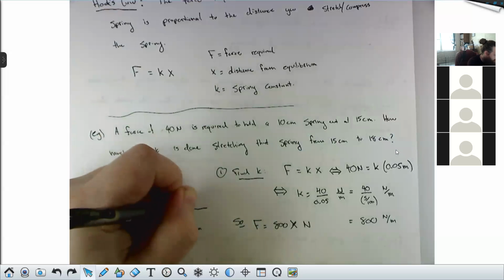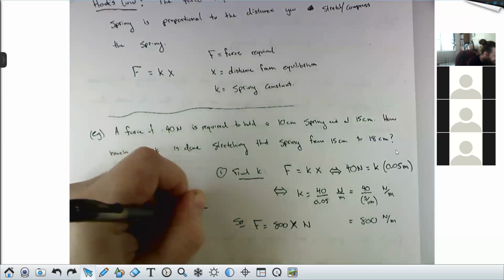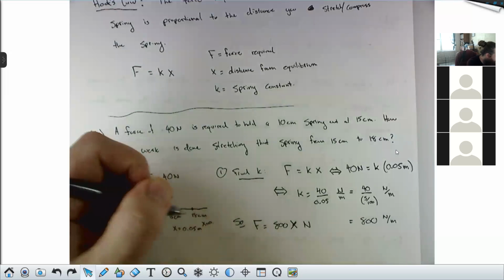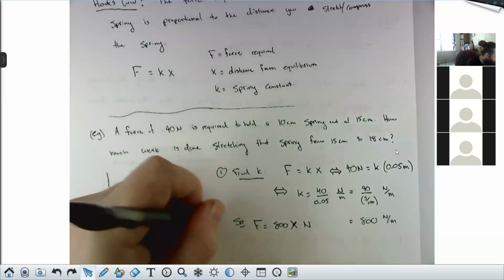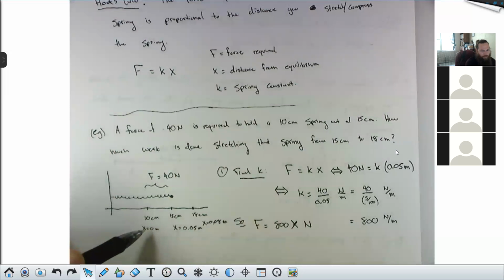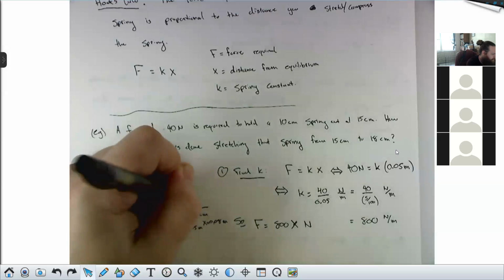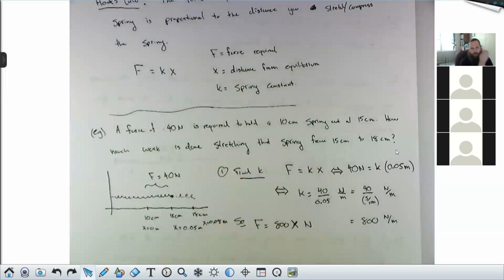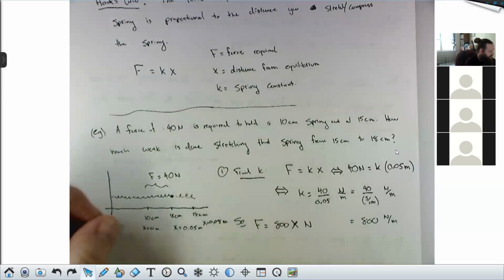Here's 18 centimeters, I'll exaggerate it a little bit, and that would be x equals 0.08 meters, because remember, my equilibrium is the 0 position. So I want to integrate from 0.05 out to 0.08. That's my aim, to further stretch this spring out to here. Once you've got this, now you can set up your integral.